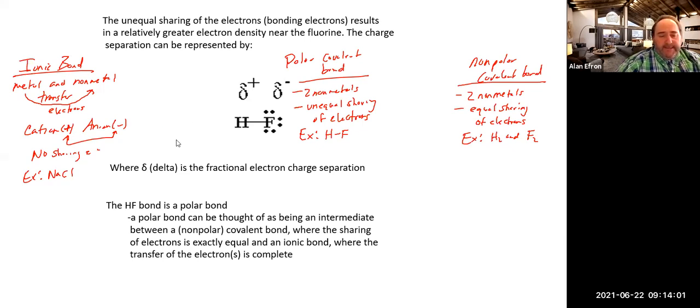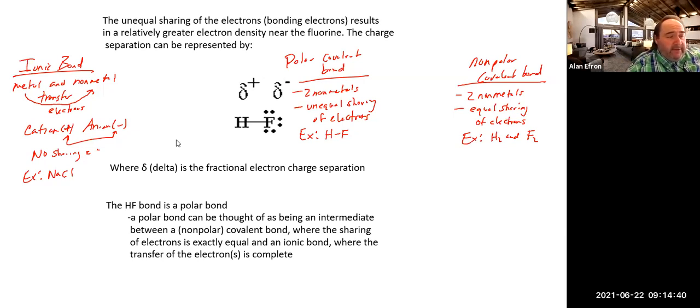Sometimes I personally call it a nonpolar bond, and most people will call it a nonpolar bond. But if you have perfect equal sharing of electrons, like between hydrogen and hydrogen or fluorine and fluorine, that nonpolar covalent bond is sometimes referred to as a pure covalent bond. That would occur in H2 because they're both hydrogen, so they pull exactly the same on each side of those electrons.